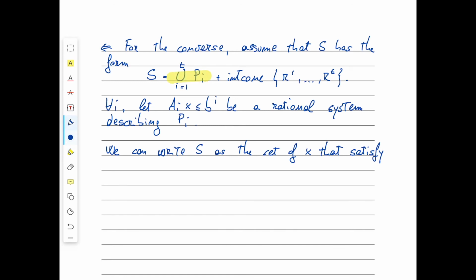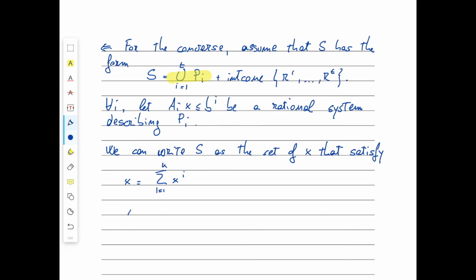And this we know very well how to do because we've done it already at the beginning of this section. So this is X equal the sum of xi, where we create a copy of the variables x for every polytope Pi, for i that goes from 1 to k.